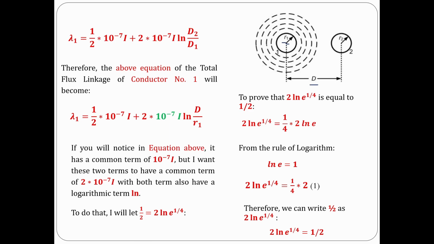This equation is the total linkage of conductor number 1, wherein we add the internal and external flux linkage. During our derivation of external flux linkage, we assumed distances of D1 and D2.